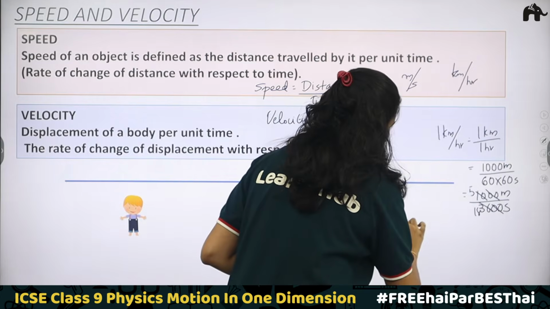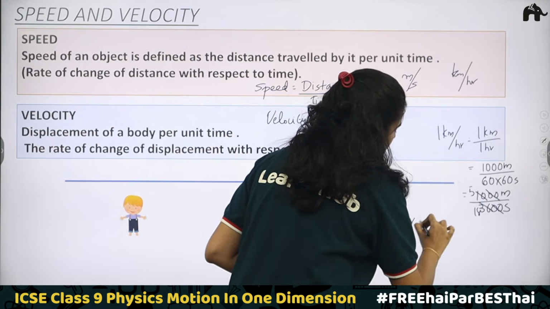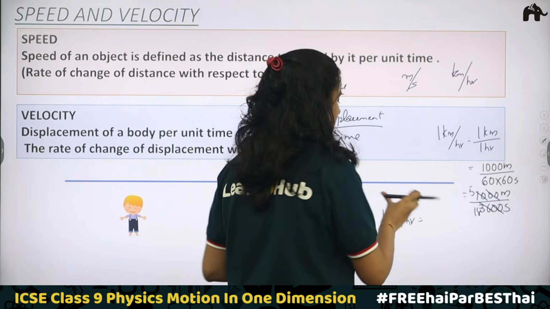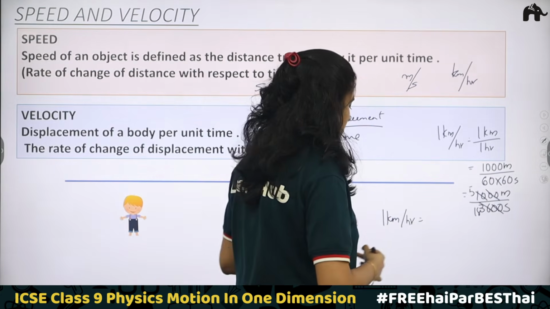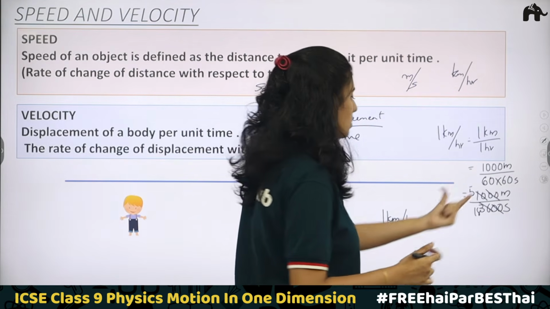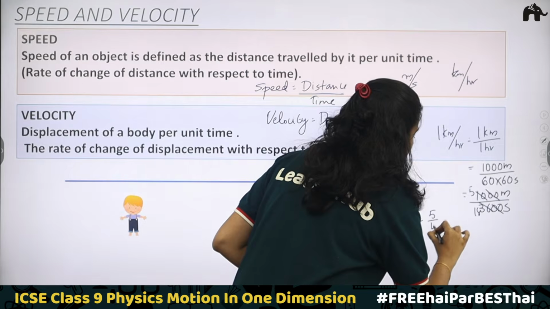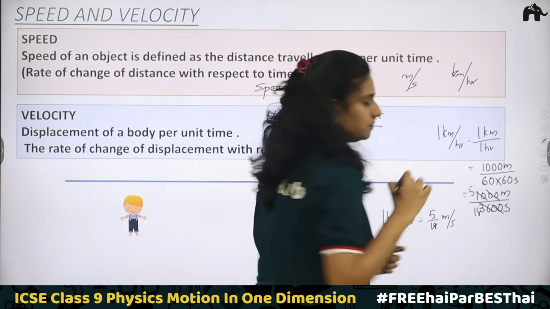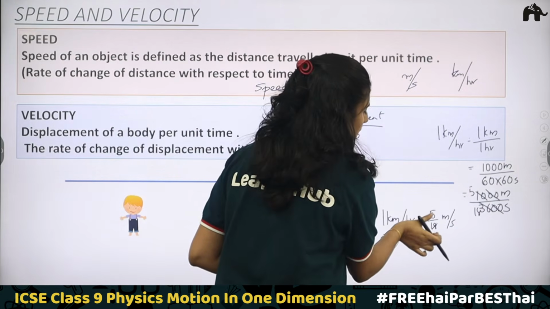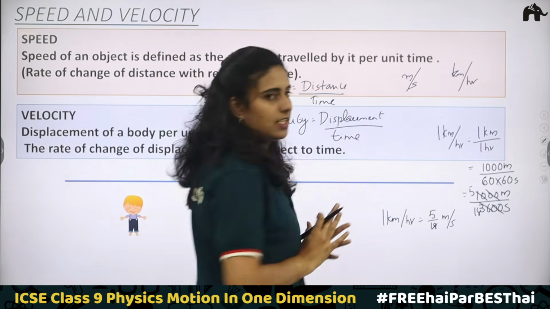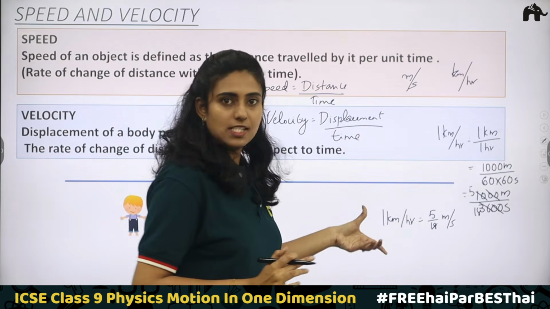So if you are asked to convert kilometer per hour to meter per second, 1 kilometer per hour is equal to 5 by 18 meter per second. Okay. Now if I am taking this 5 by 18 to the opposite side, what happens? It will become the reciprocal.